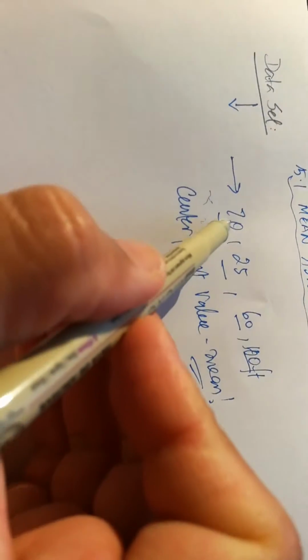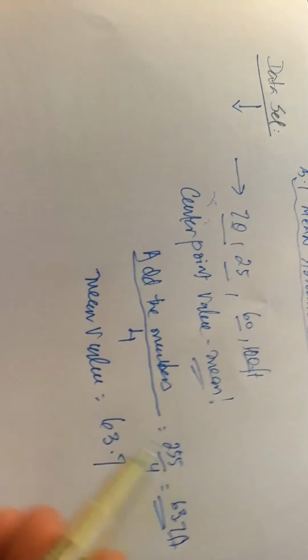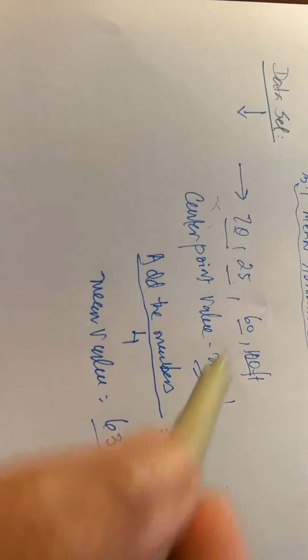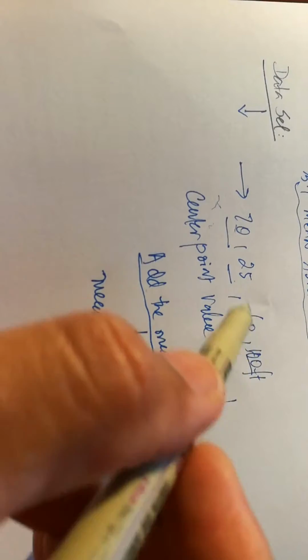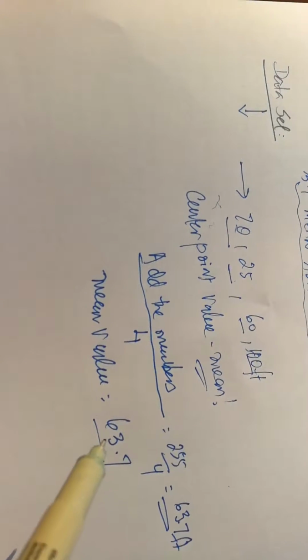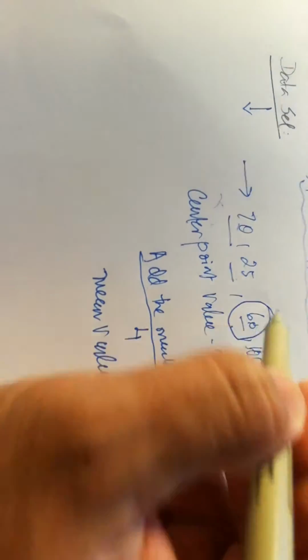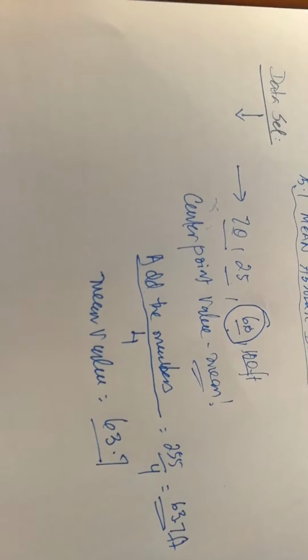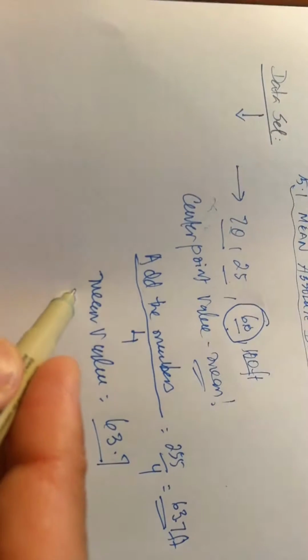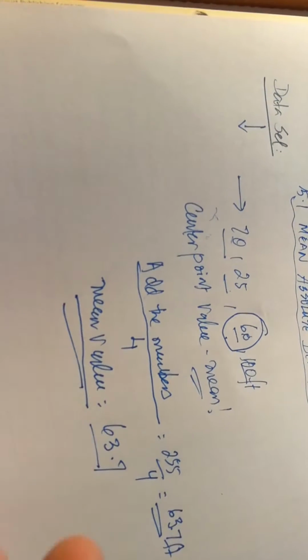Now you come back and look at the data points in the data set, and you find out which building's height is nearer to the mean value, and that will be 60. Which means this is probably nearer to the center point. Now this is how the concept of mean is used.